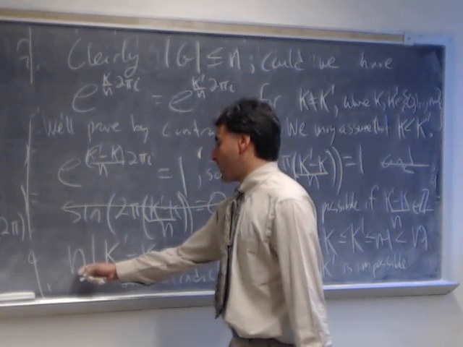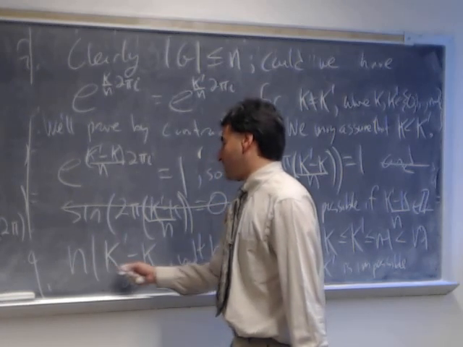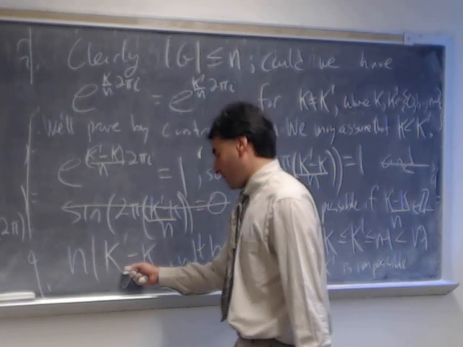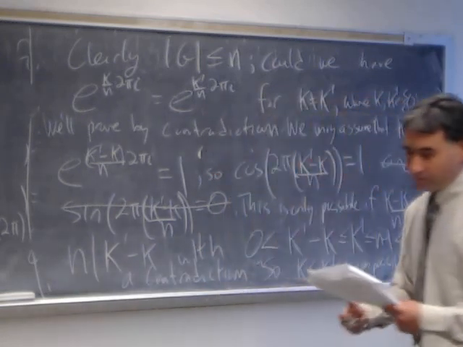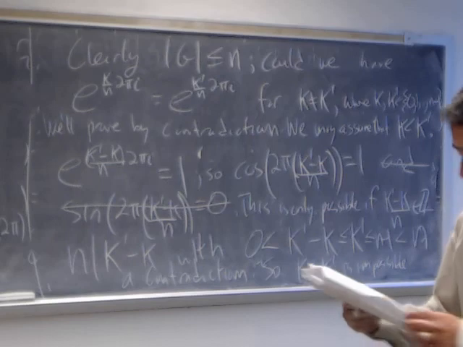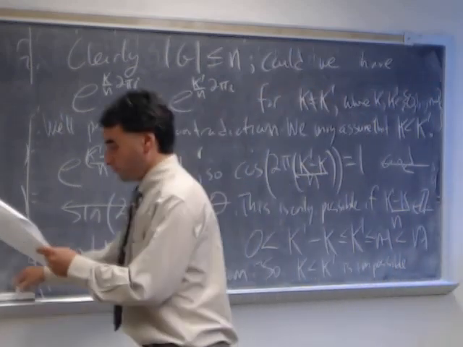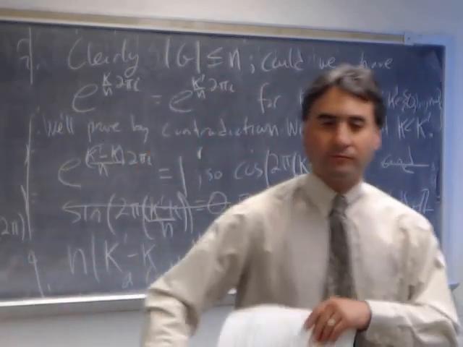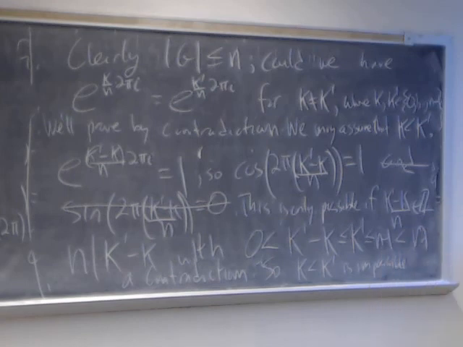So how can a number that's bigger than K prime minus K divide it? And so that will complete the proof of our claim that the set G is a group under multiplication of complex numbers with exactly n elements.